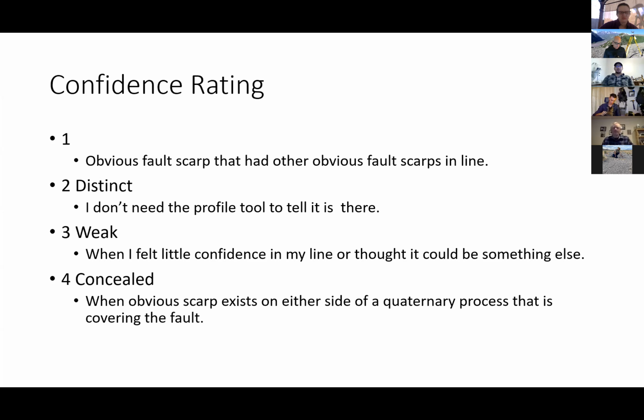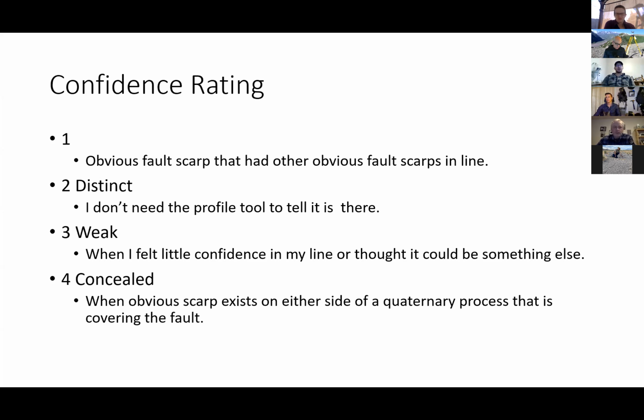But still, I didn't need a profile tool to tell that there was a structure there. I put a 3, or a weak confidence rating, when I was not 100% sure if it was a fault or if it didn't line up with too much other stuff that would indicate a fault. So I did a lot of 3s. That's what most of my faults were, especially when dealing with the secondary faults. I think they were a little harder to see, and my confidence was a little less in those areas.